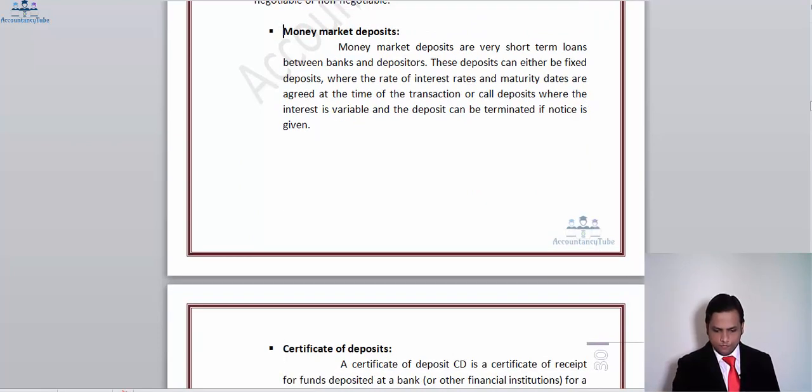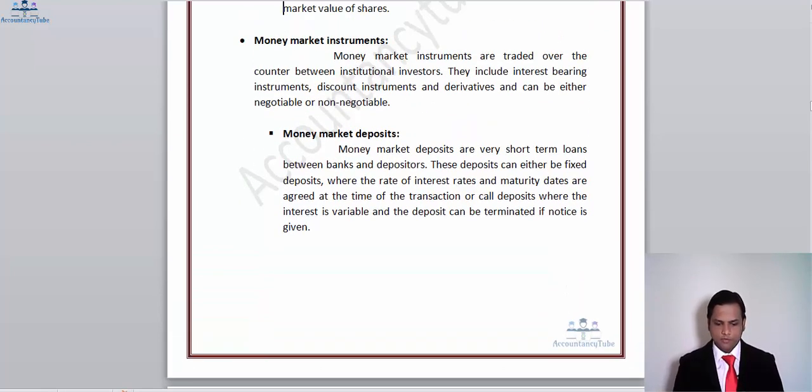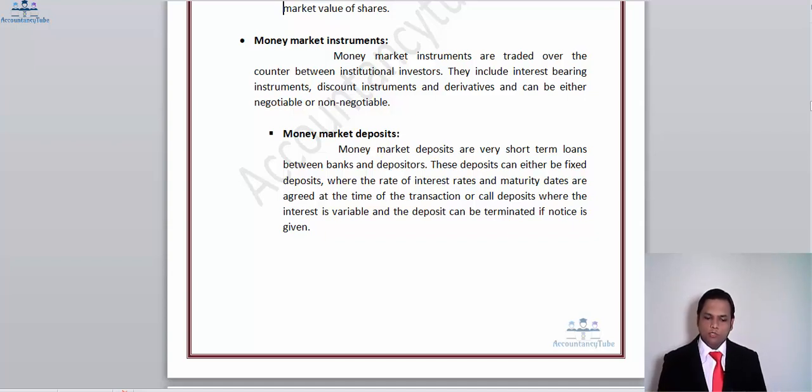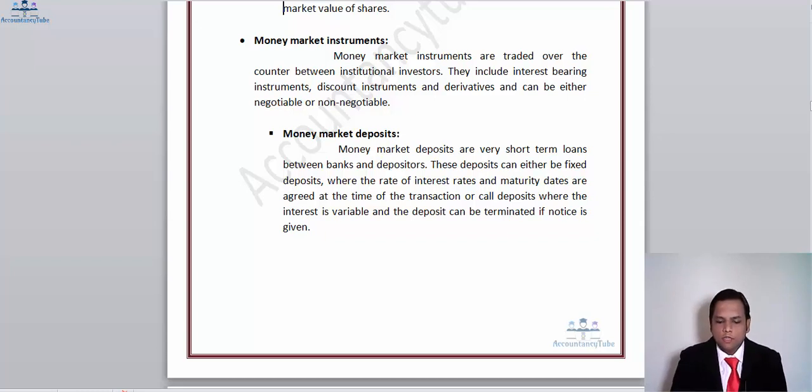Then we have money market instruments. Now, money market instruments are traded over the counter between institutional investors. They include interest-bearing instruments, discount instruments, and derivatives, and can be either negotiable or non-negotiable. Money market instruments basically are traded between the financial institutions, and can also be traded between investors as well.